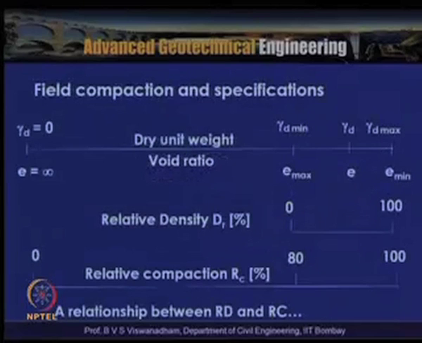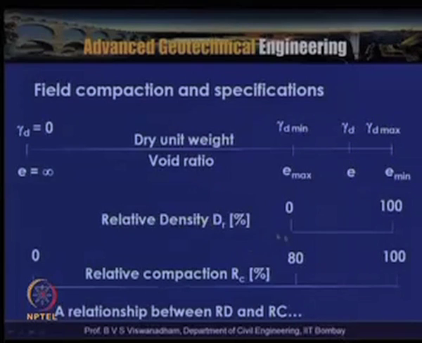In this particular slide, a relationship between relative density and relative compaction is shown. As can be seen here, with void ratio infinity, gamma d is equal to 0 for granular soils, then e max is at gamma d minimum, e minimum at gamma d max, and the in situ void ratio e at gamma d.